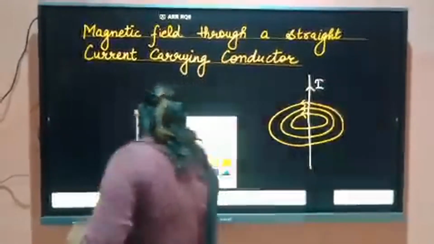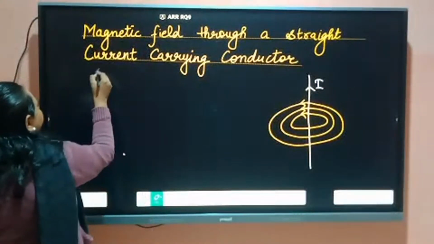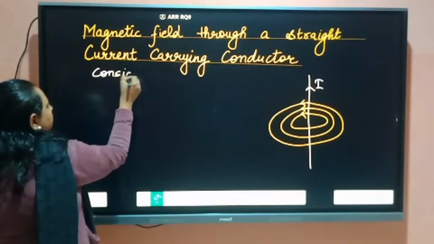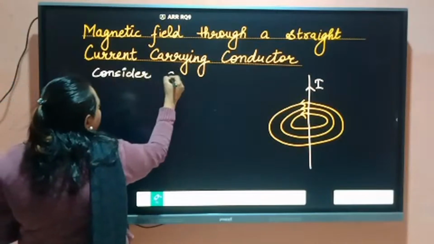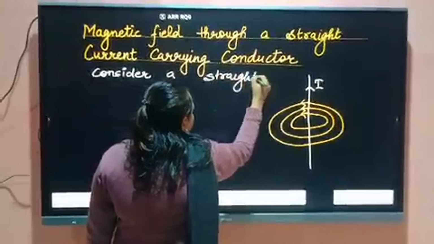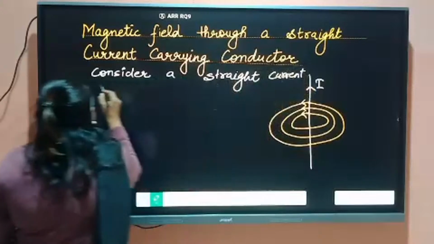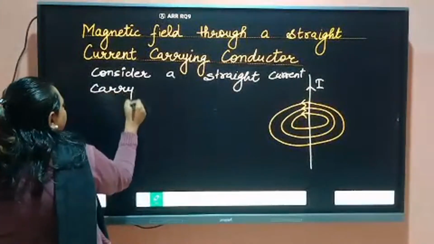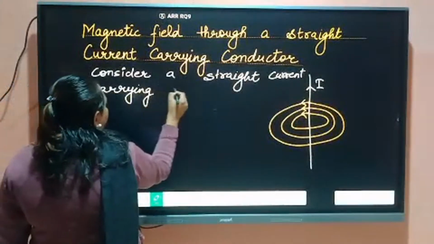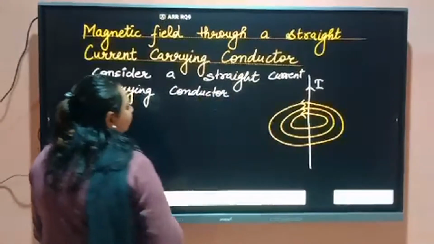So, what is the magnetic field through a straight current carrying conductor? Consider a straight current carrying conductor.